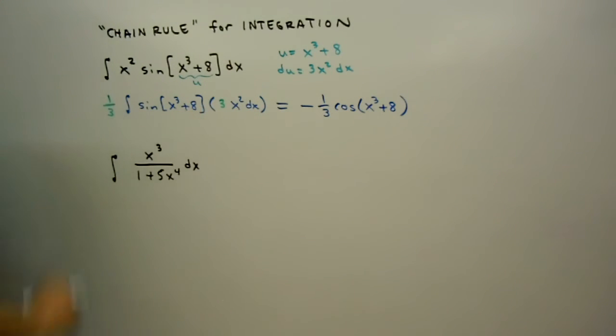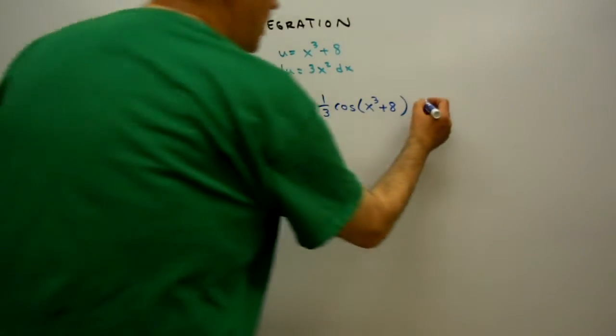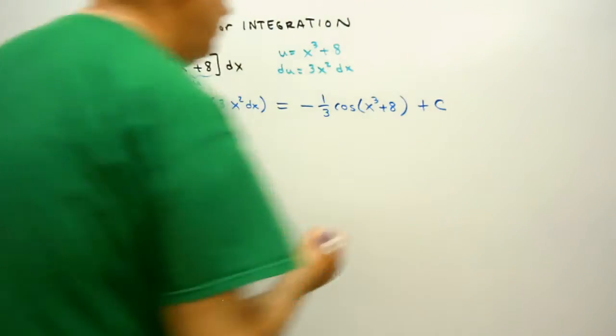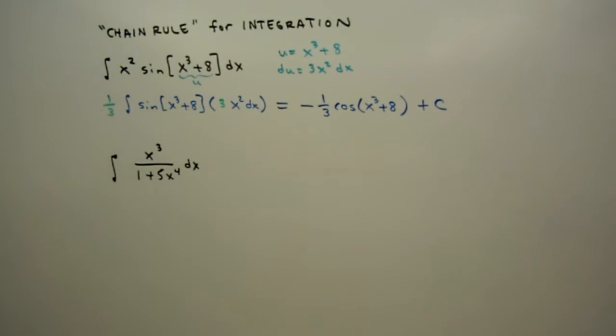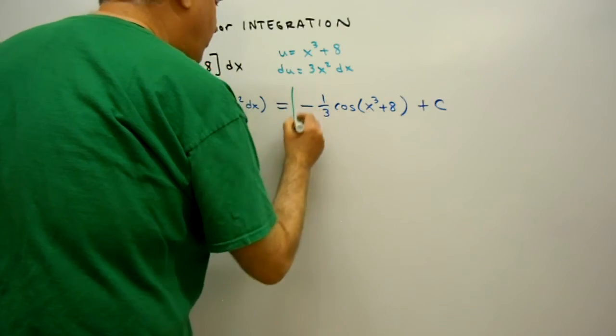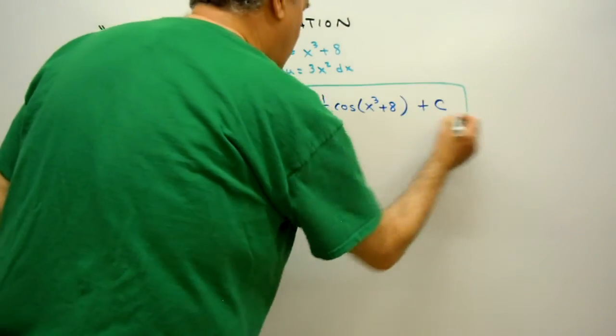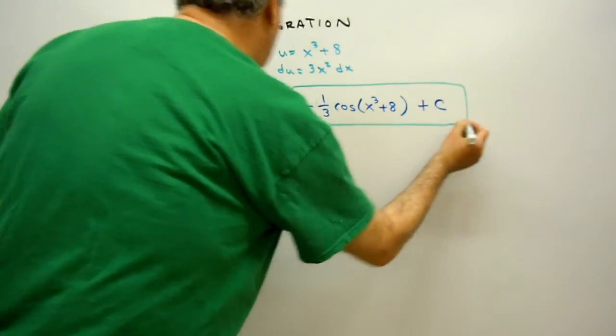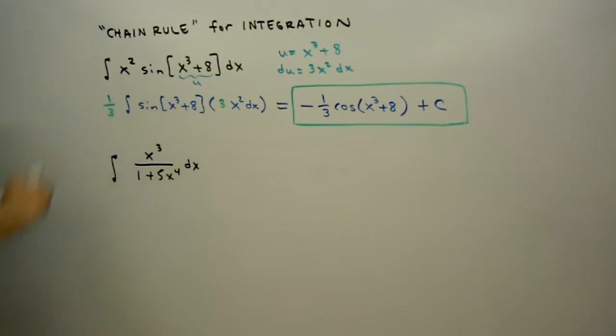So we can simply write it as cosine of x to the third plus 8. And what do we always want to remember to include in an indefinite integral? A possible plus c. And remember that you can always check your indefinite integral by taking the derivative of that and seeing if it brings you back to where you started.